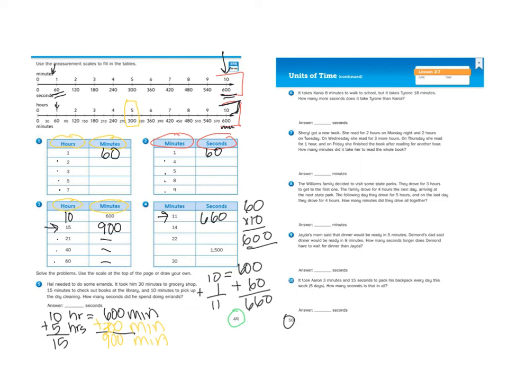It takes Kanya 8 minutes to walk to school, but it takes Tyrone 18 minutes. How many more seconds does it take Tyrone than Kanya? So they're asking for seconds. Since they gave you the information in minutes, you're going to need to convert. 8 minutes is how many seconds?